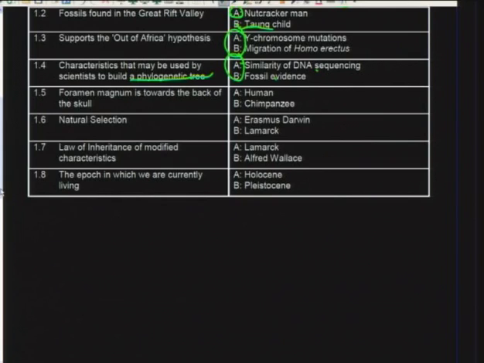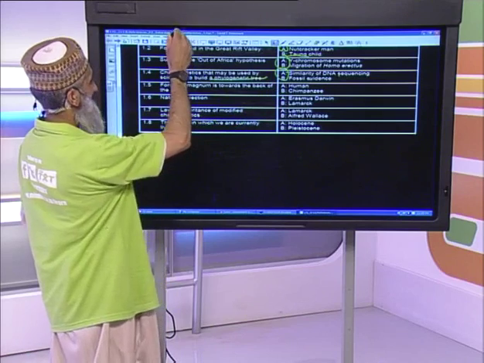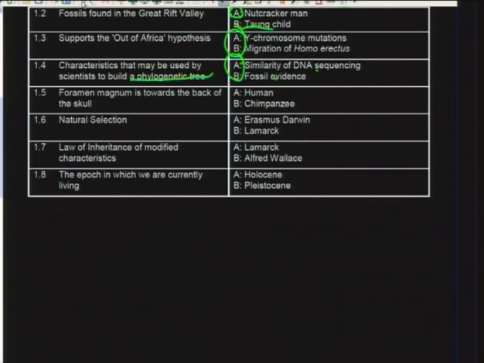Foramen magnum is towards the back of the skull. Human A, chimpanzee B, and the answer there is straightforward, guys. It would be A only. Sorry. There. See how easy I made it, Looney.